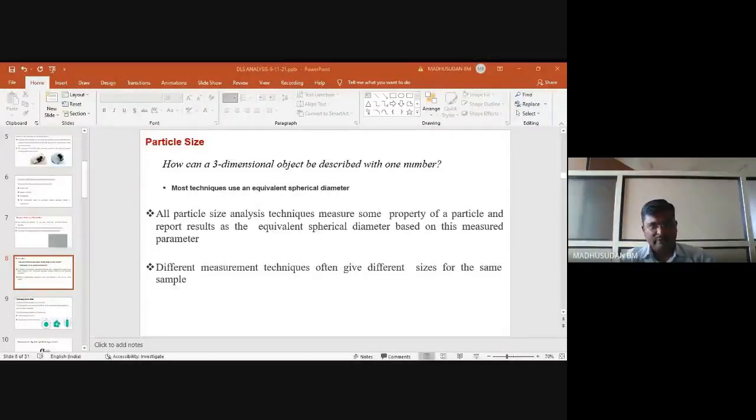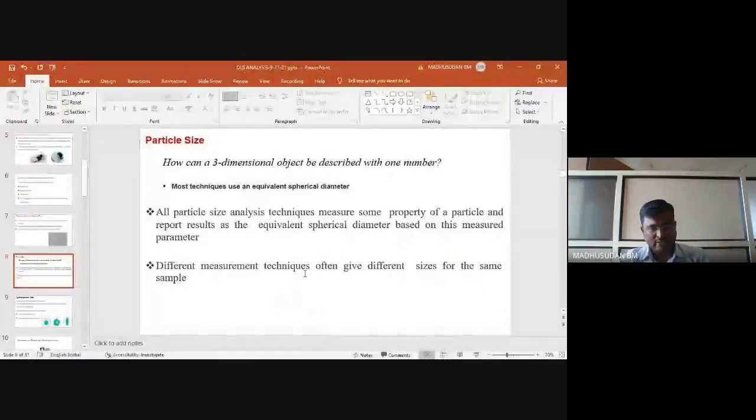But with the help of some technical correlation and recent methods, we are able to determine the average particle size distribution. Since the particle size has to be mentioned in terms of a diameter with the help of this DLS technique, all particle size analysis techniques measure some property of a particle and report the result as equivalent to a spherical diameter.